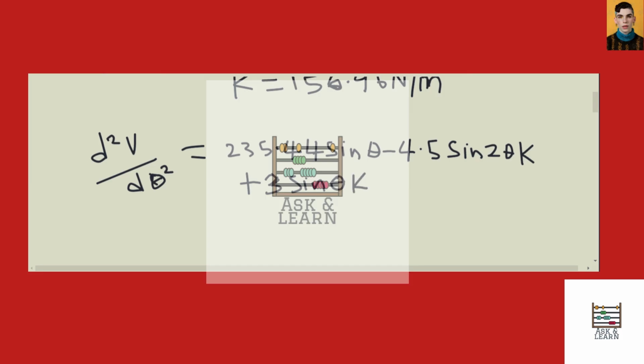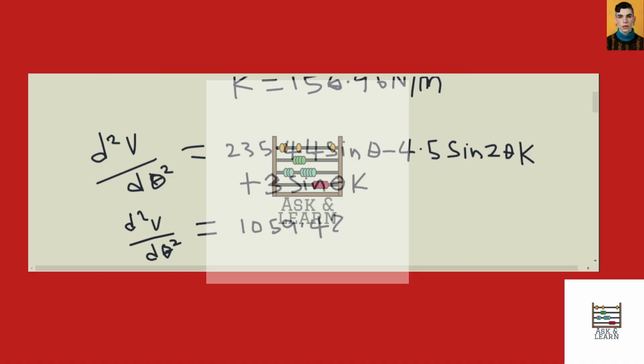So if we put in the value of k and theta, and let's see what we are going to have, the result is going to give us, putting in the value of theta and k as the constant of the spring, the stiffness of the spring rather, we are going to arrive at 1059.48.